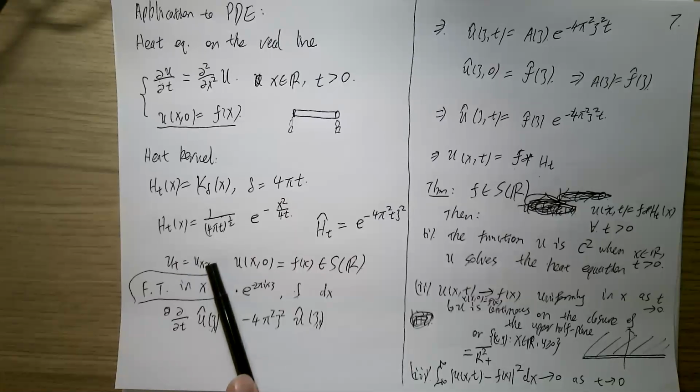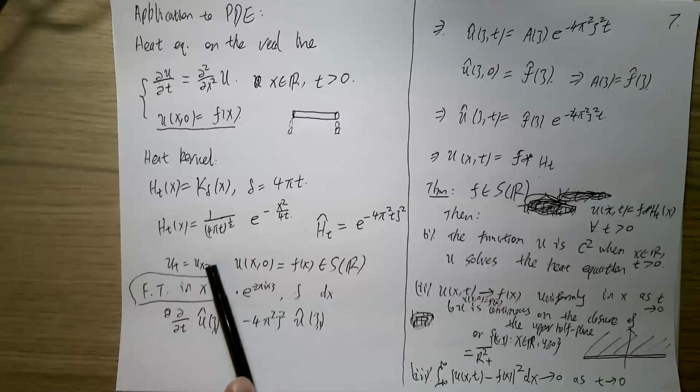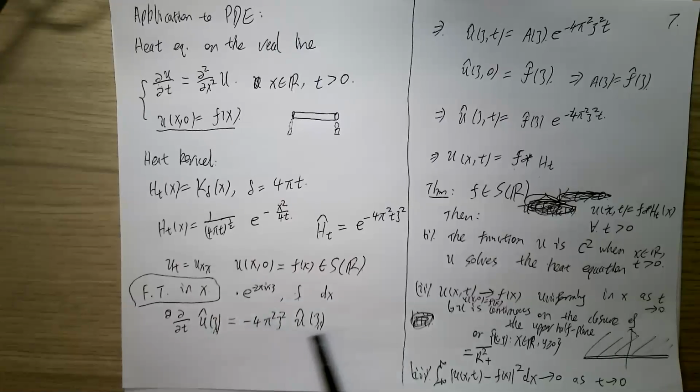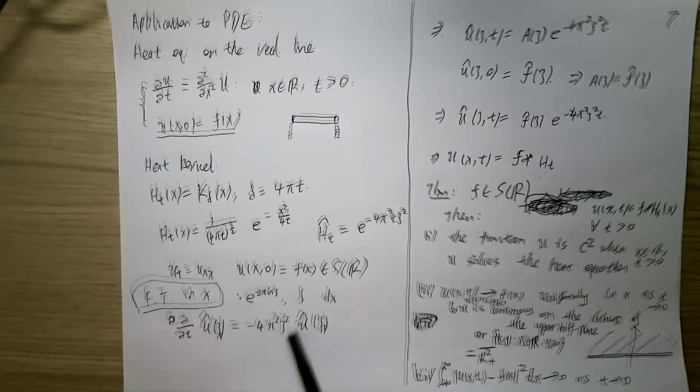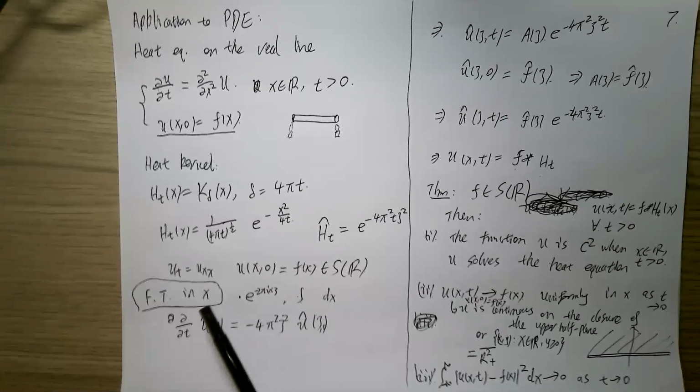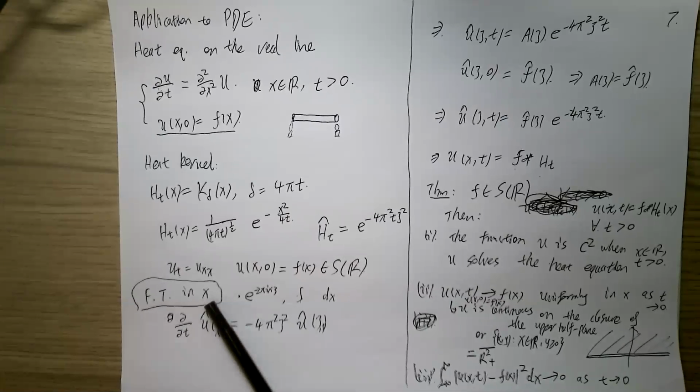We know that the Fourier transform changes the derivative into multiplication, which is why you have multiplication instead of the derivative. The only reason you have partial t here but not partial x is that you take the Fourier transform in x.